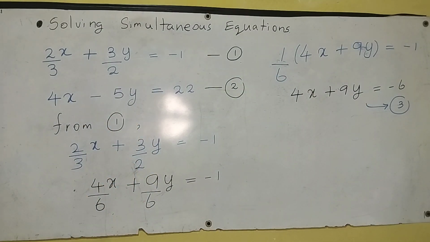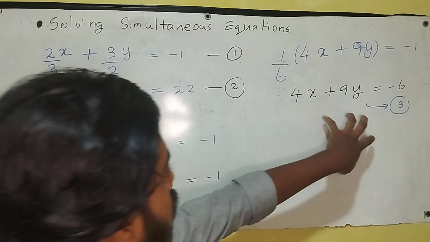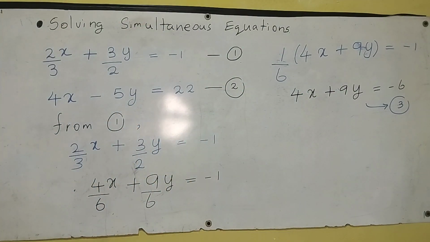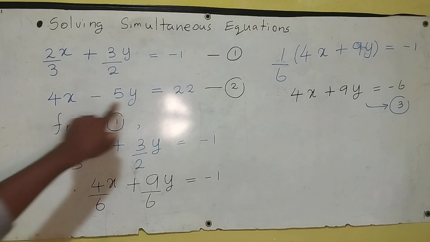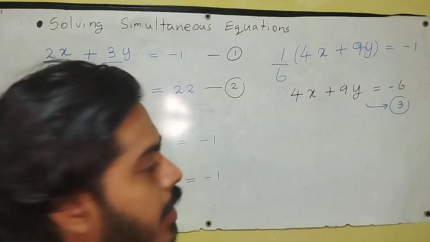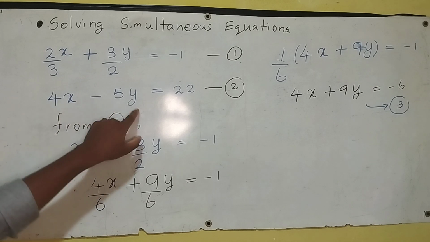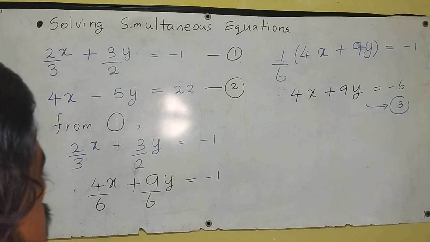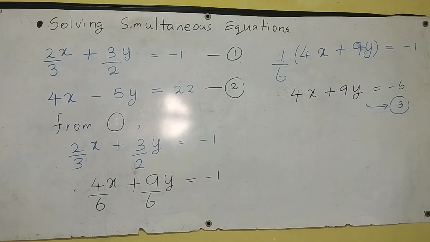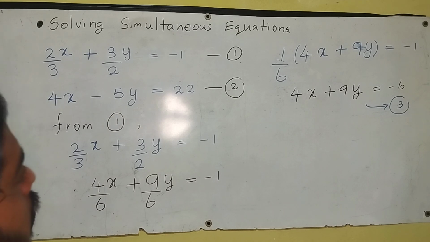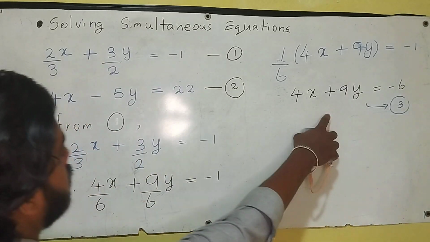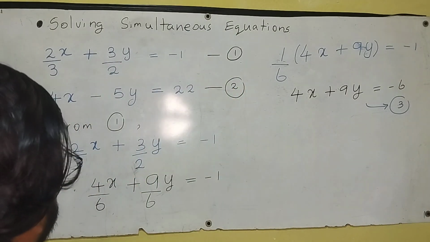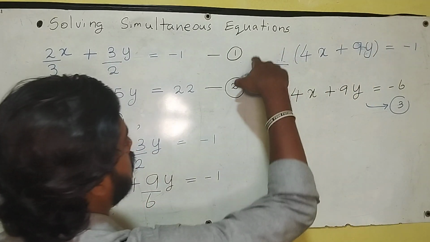Now I am going to simplify and find out the unknown terms' values. Now we have 3 equations. I won't erase this. I want this one as well as these both equations.